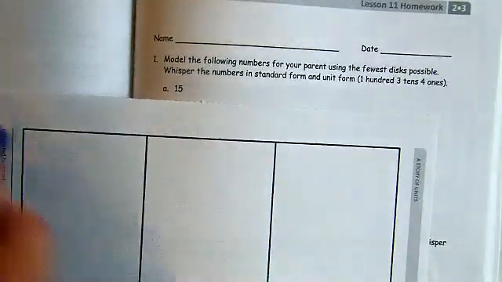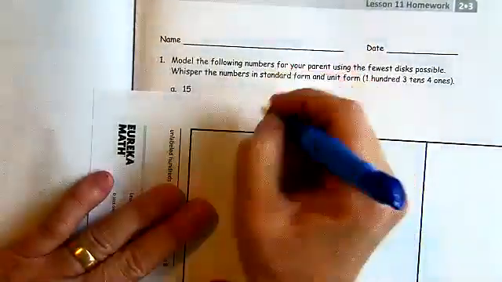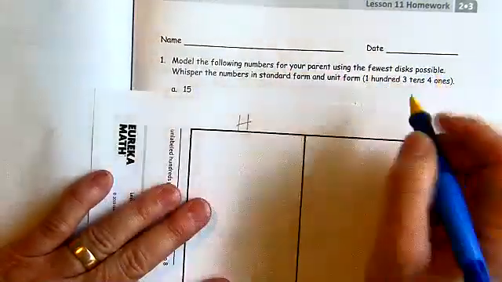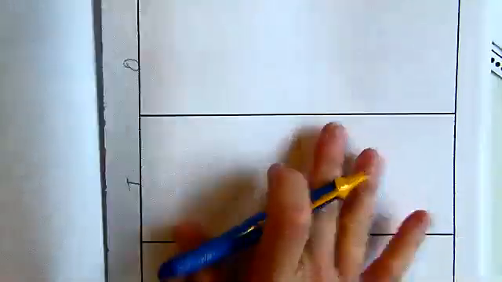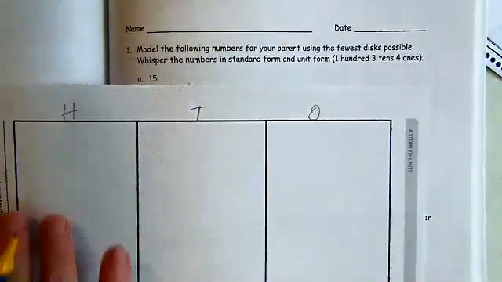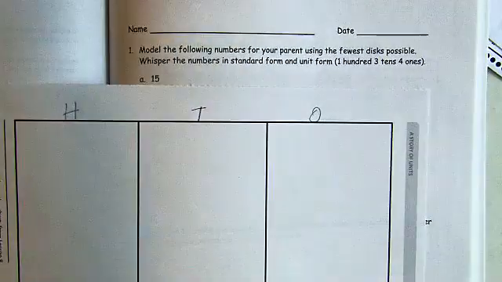And I'm going to go ahead and label my chart. Hundreds, tens, ones. Now, if you're doing it this direction, I would put hundreds in the top one, tens, and ones at the bottom. I'm doing mine sideways, so I'm doing it the way numbers are written.